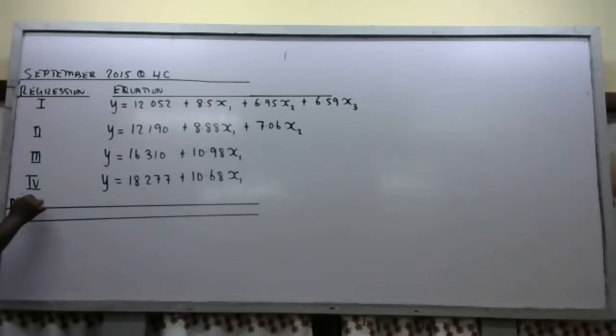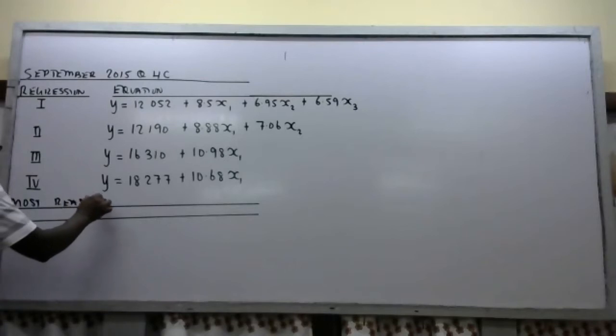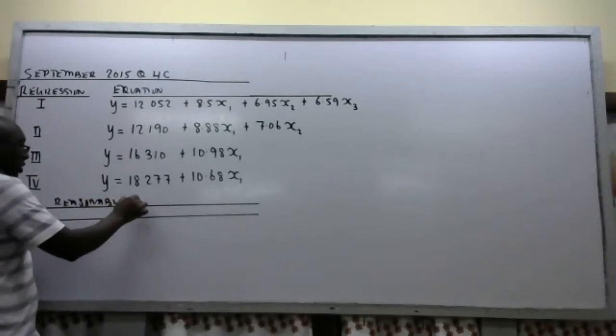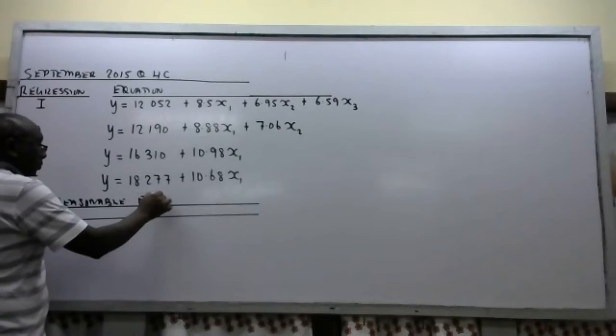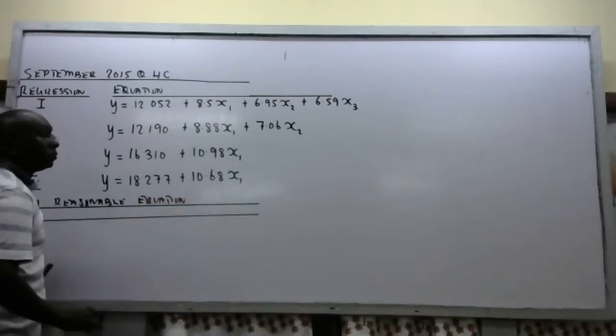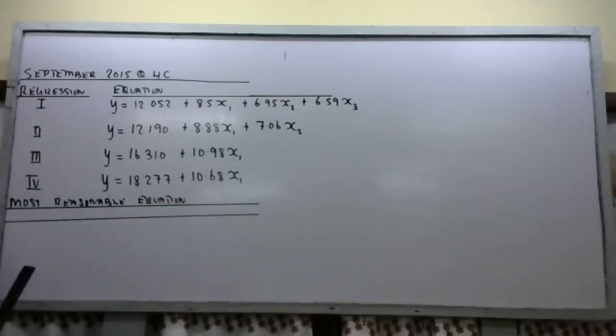We can just call it most reasonable equation. Now that we have 4 equations with us, for us to say which one is most reasonable, we will have to test.